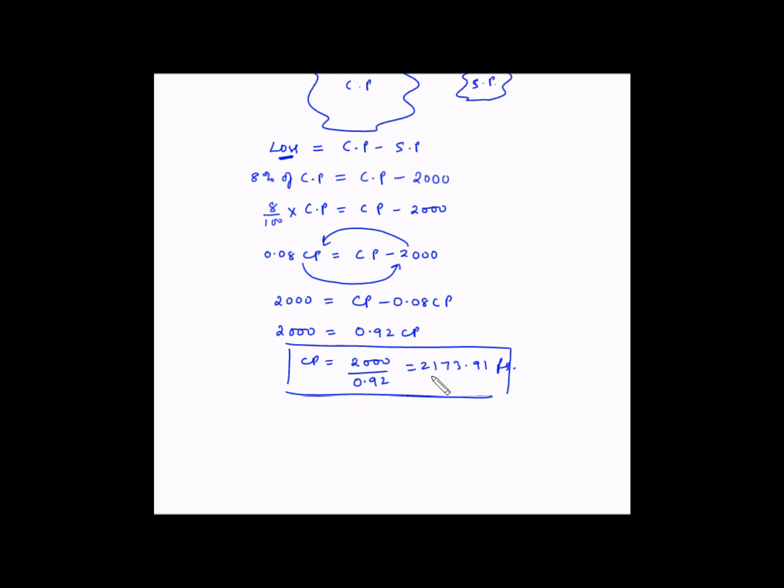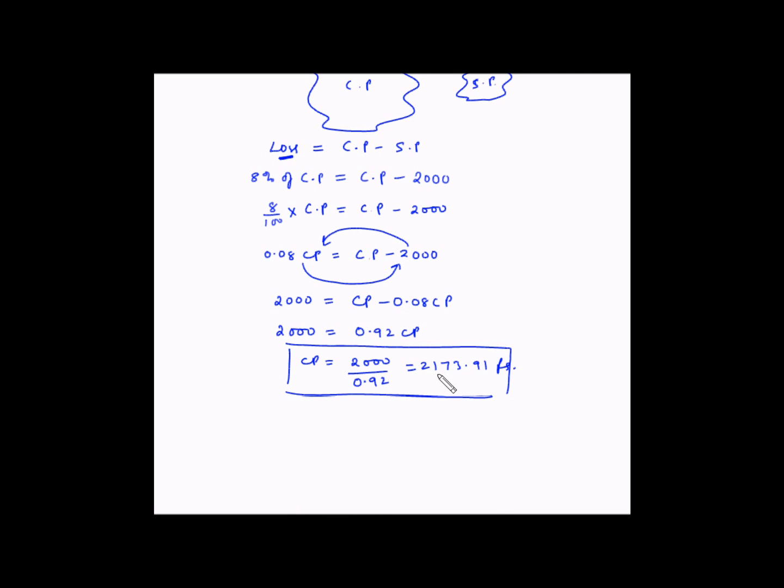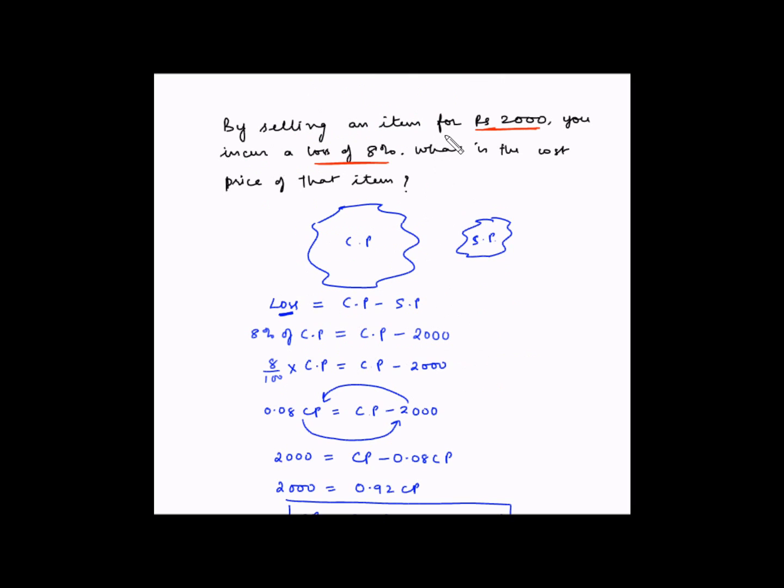Now quick validation, since we are making a loss, our cost price should be bigger than our selling price. So our cost price is 2173.91 rupees and our selling price is rupees 2000. So sounds right.